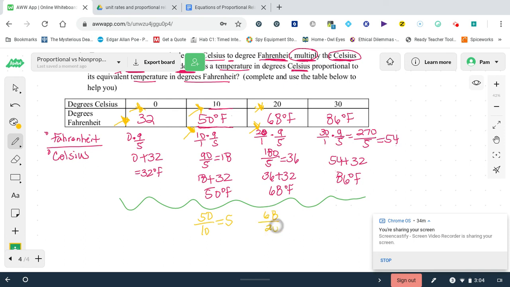Well, you're not going to get a whole number. You actually get 3 4/10 as a decimal. I can stop right there. I can already tell you that this is not proportional because these ratios aren't the same. I got 5, then I got 3 and 4/10.